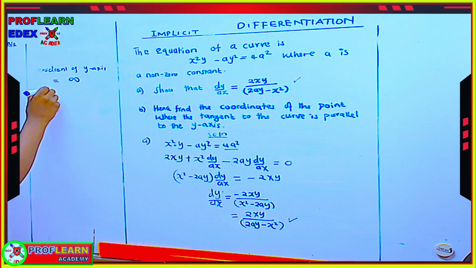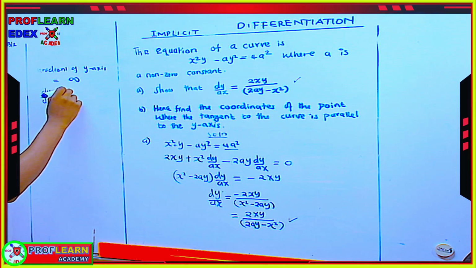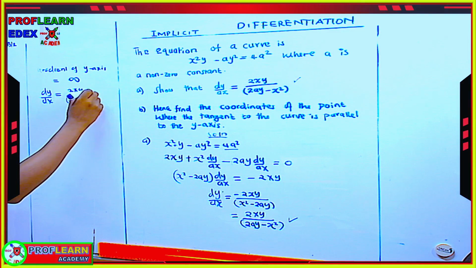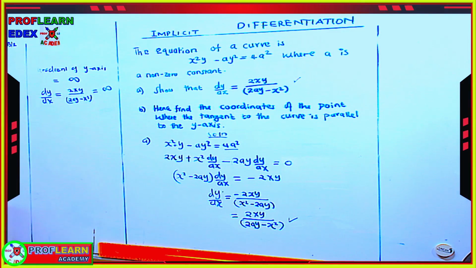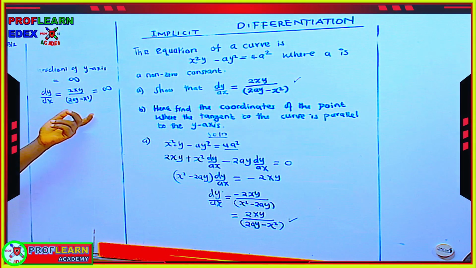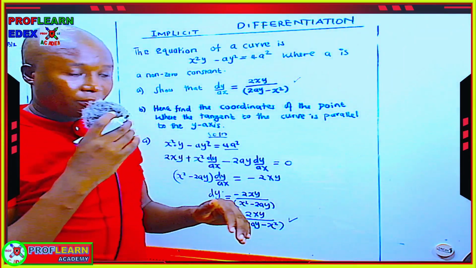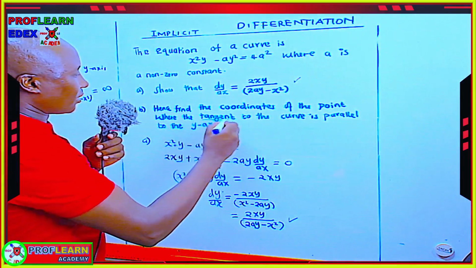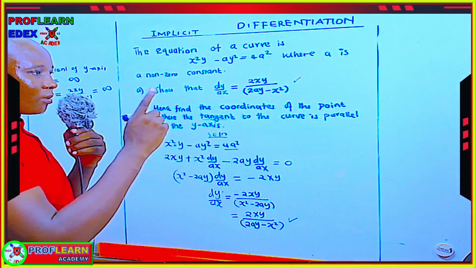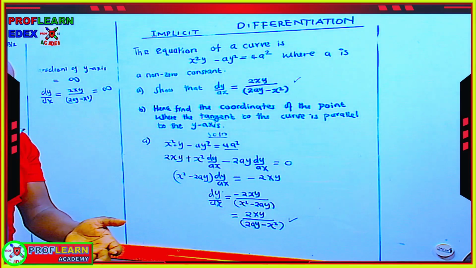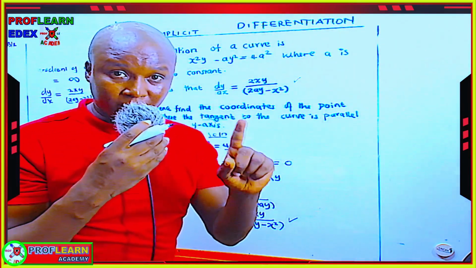So meaning the dy/dx of the curve, which is 2xy over 2ay minus x squared, is going to be infinity. How are we going to have this gradient be infinity? Because the gradient of the tangent is equal to the gradient of the curve.